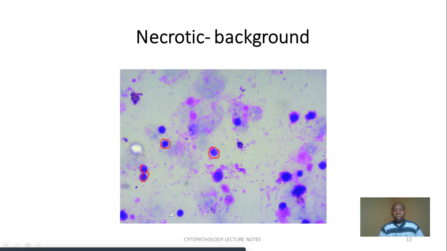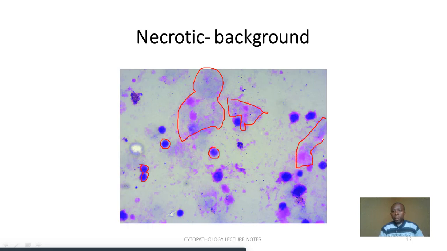All these ones are lymphocytes, and then we have this necrotic background appearing in the background of the cell. We have these features here appearing which look like mucus. Actually, when we look in the background of the slide, it is not clean.